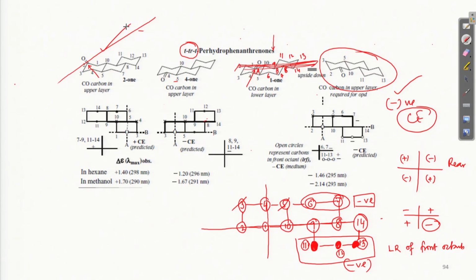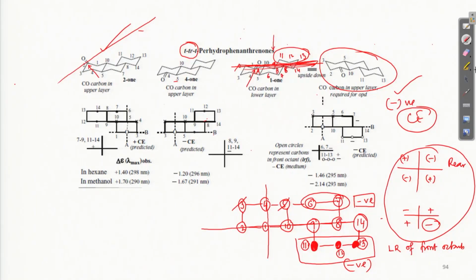But for this molecule, when you draw this line, you see that 11, 12, 13 are actually on the side of the observer, so they come in the front octant. That gives you the first indication that when I draw the projection, I have to keep in mind that some atoms are actually in the front octant. And the other thing, just remember the contribution of the substituents in the rear and the front octants. I think these examples will clear your doubt.